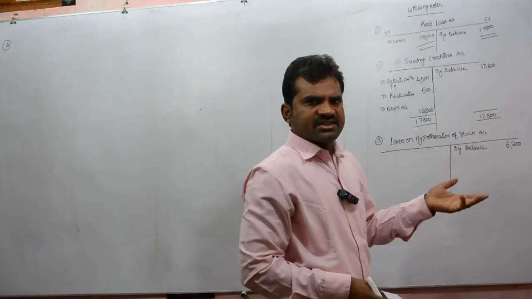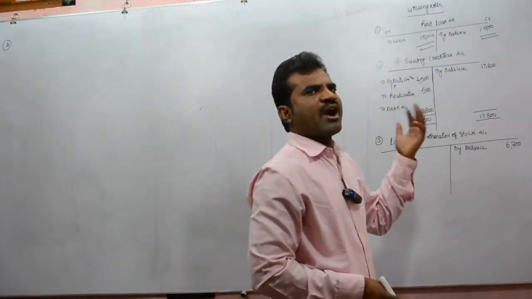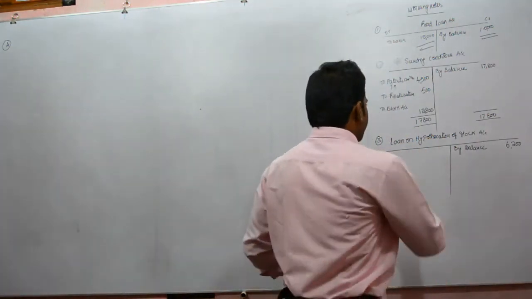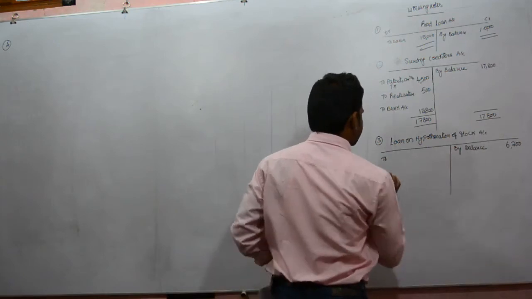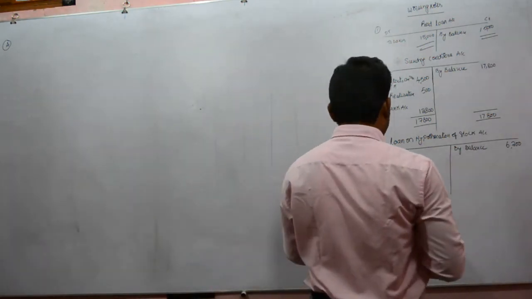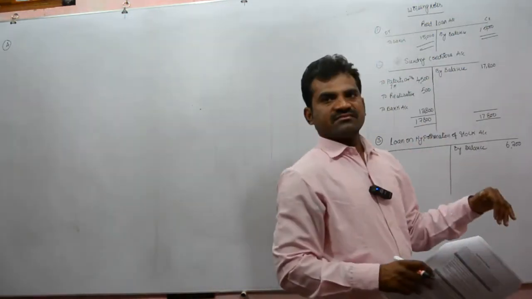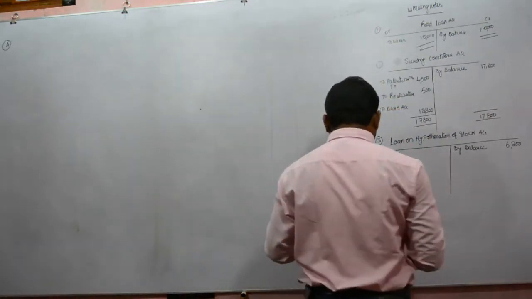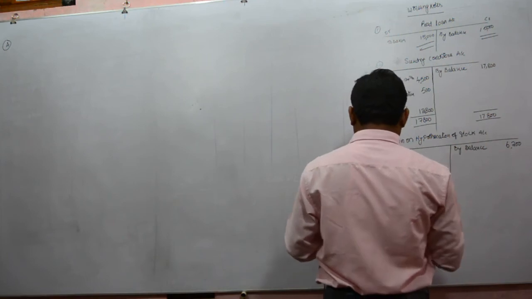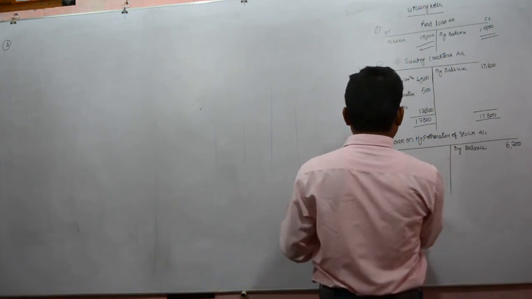Actually, earlier this share certificate had no value. We have written them off. Now he has accepted those shares. So we are adjusting our liability against the unrecorded asset. So set off this realization account.